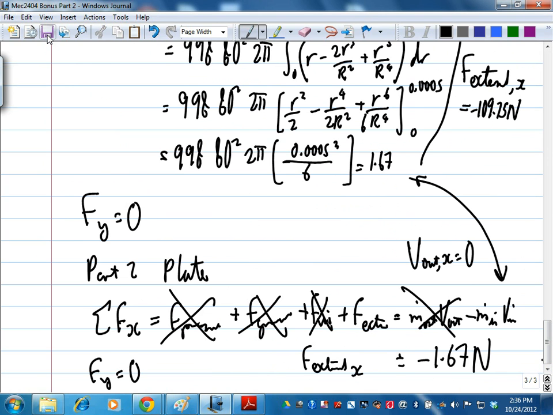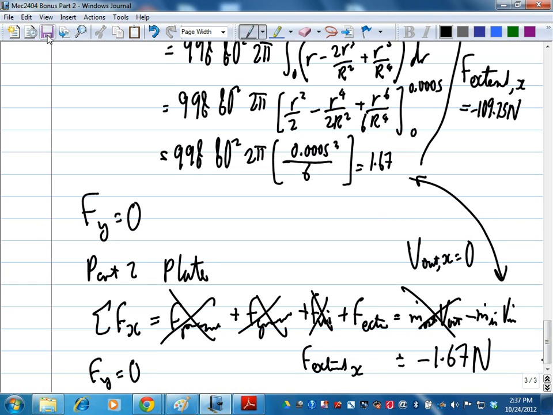So all atmospheric means the F external, this is the force placed on the fluid. So if you hit your jet, it's going this way, your plate on fluid is going this way. This one is external, the force of the plate on the control volume, the plate on the fluid.